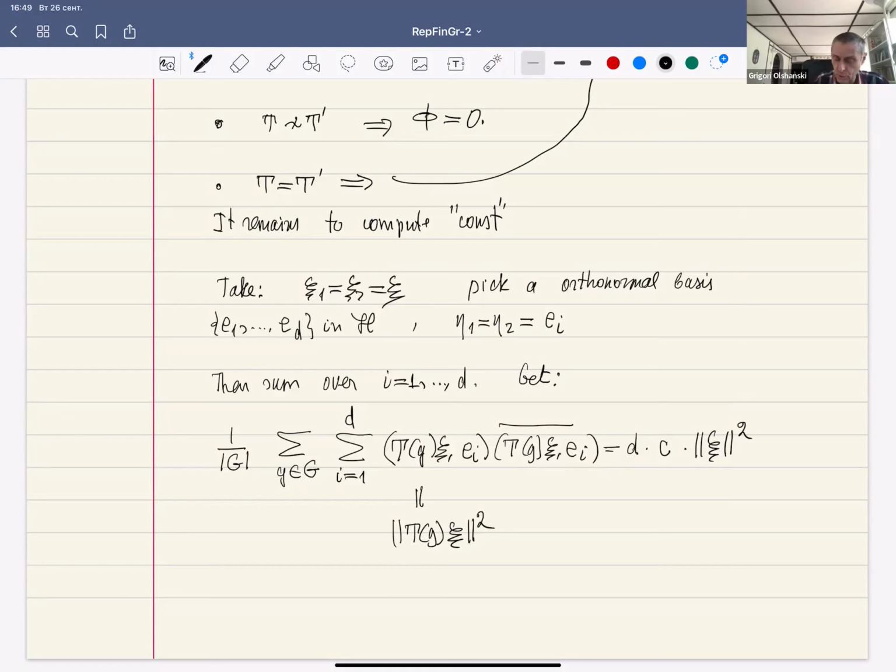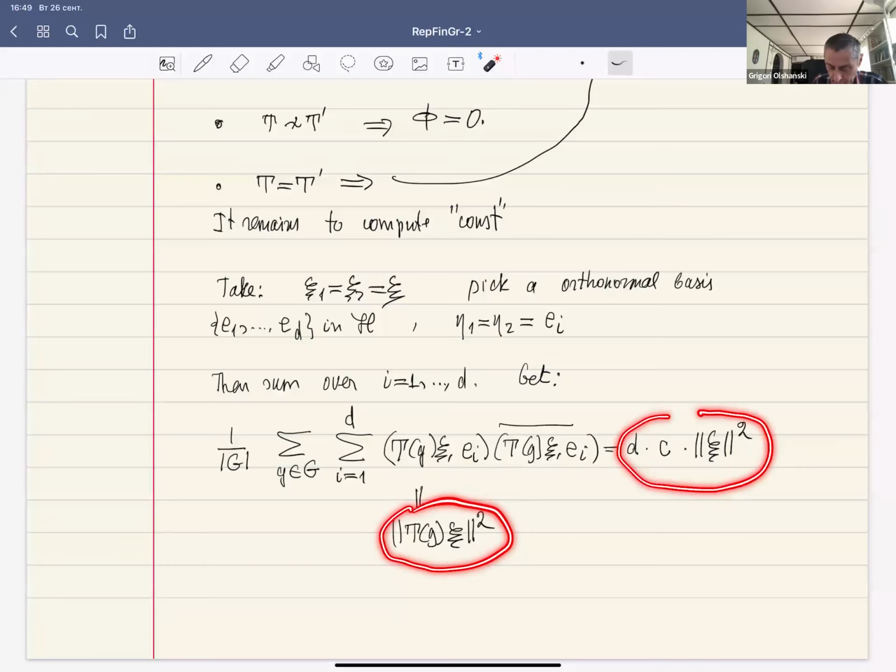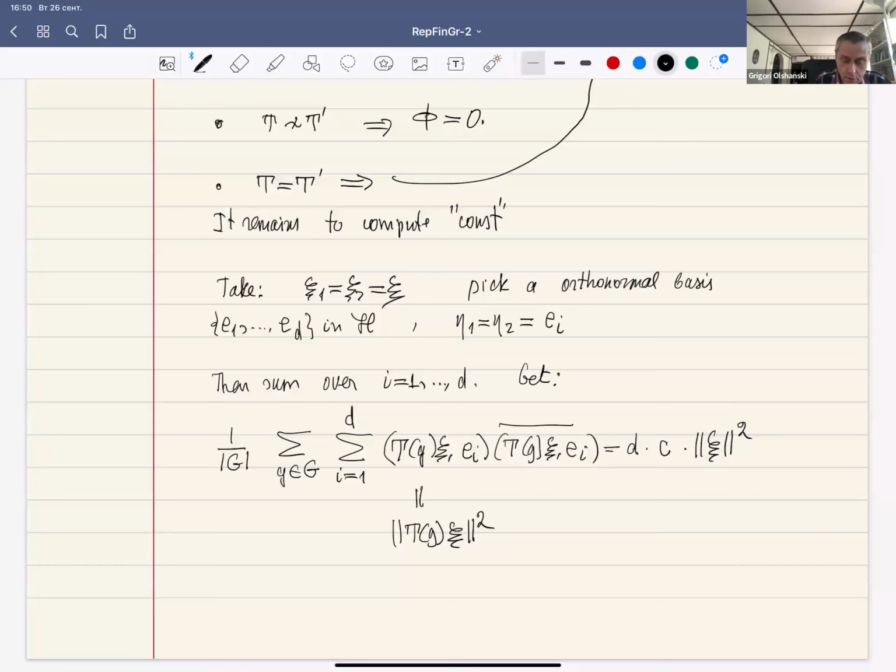Okay. So this comes from the right-hand side, and comparing this to this, and because our operator T of G is unitary, we conclude that C is equal to 1 over D.